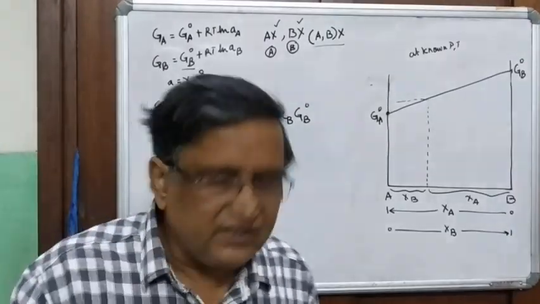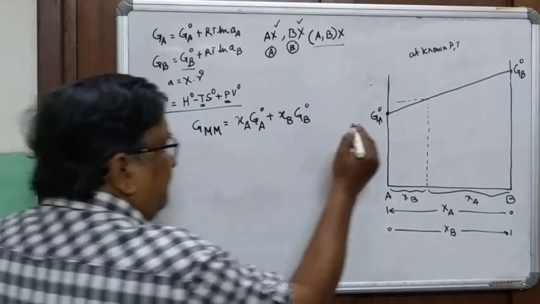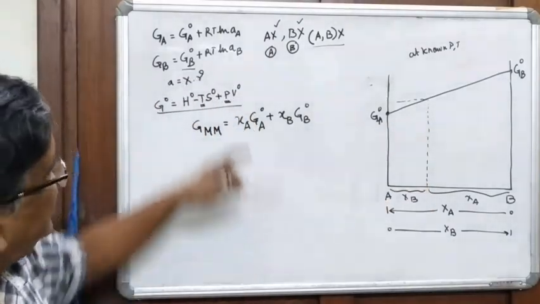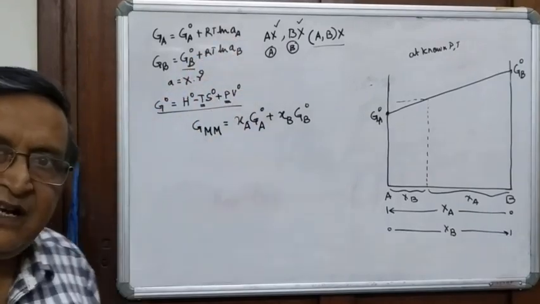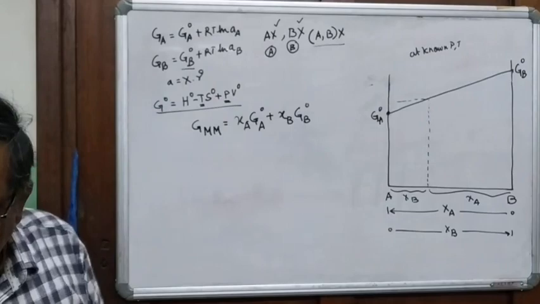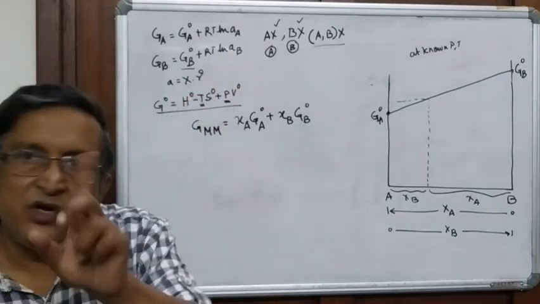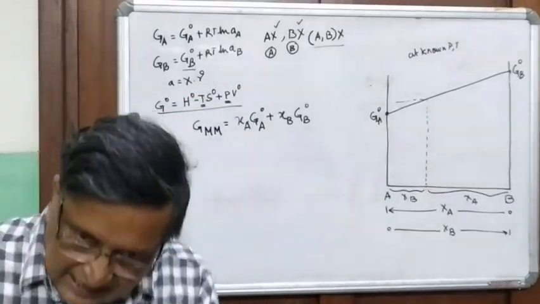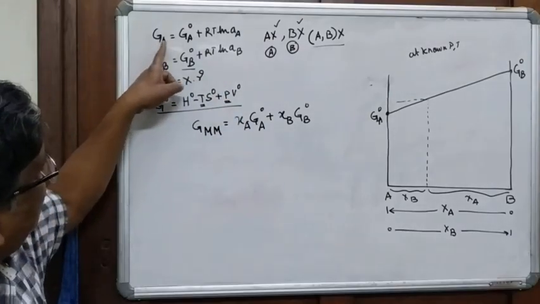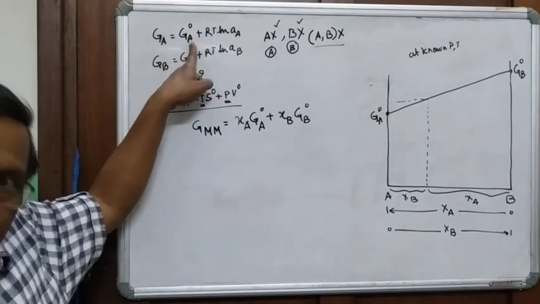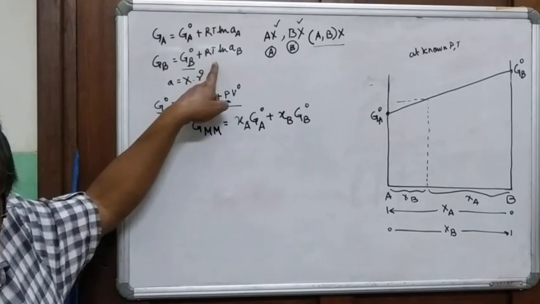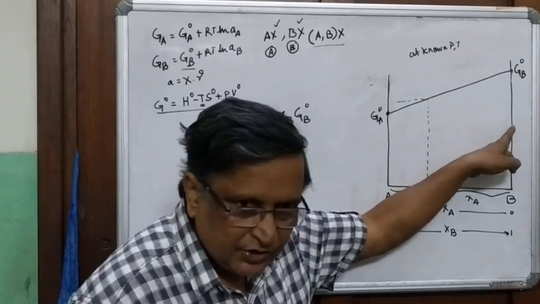Why? It's very simple. Because if you are taking a solid solution, then an activity A term is added and an activity B term is added. Now activity is not equal to 1 but less than 1. So GA will be less than GA0 and GB will be less than GB0 at any particular composition.